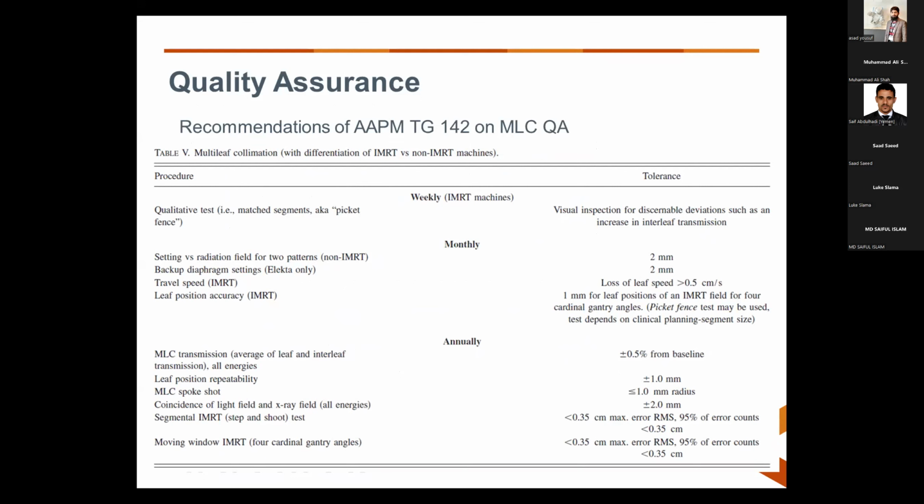Monthly, you have MLC leaf positions for electrolytic backup diaphragm, MLC travel speed and leaf position accuracy. Annually, you want to test your MLC transmission, leaf position repeatability, spoke shot tests, light radiation coincidence, and then you want to do a step and shoot test and a moving window test. We also do a VMAT test as well, just a simple test plan that we deliver to make sure everything's working properly.